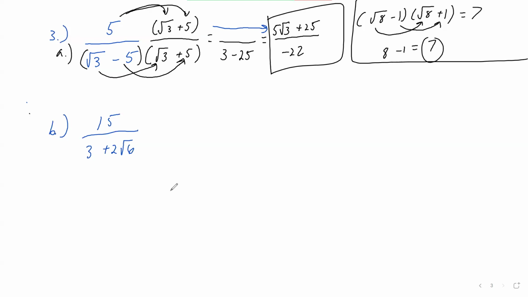It's connected to a binomial now. You cannot. One has a radical, one does not. Perfect.